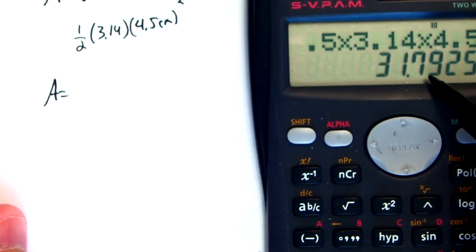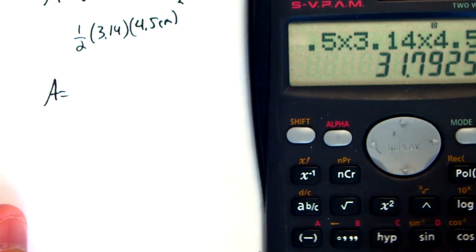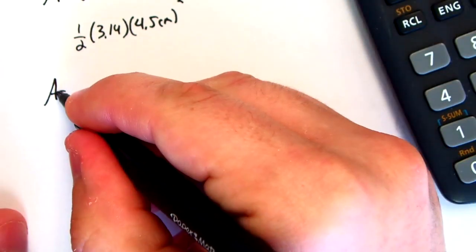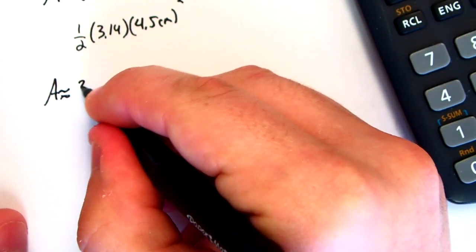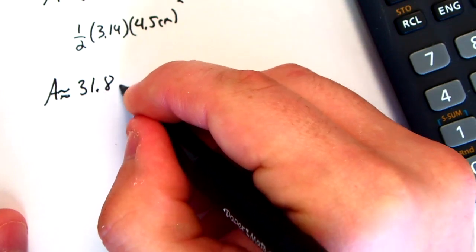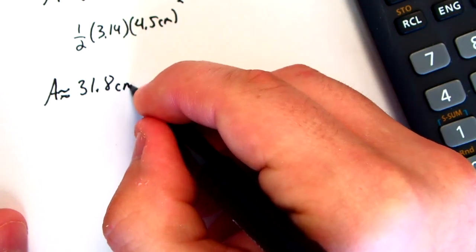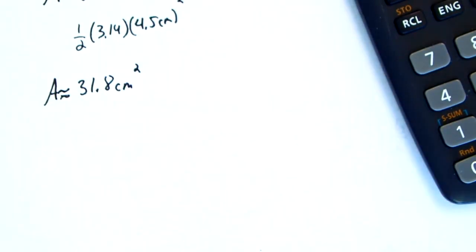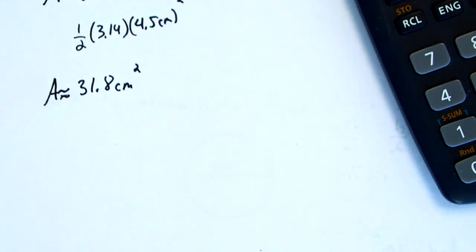So if I look at this, I'd have 31.8. Because we're rounding here, we have to look at this number. And this number is 4 or 5 or more, so we have to raise this one up. So this would be about 31.8 centimeters squared.